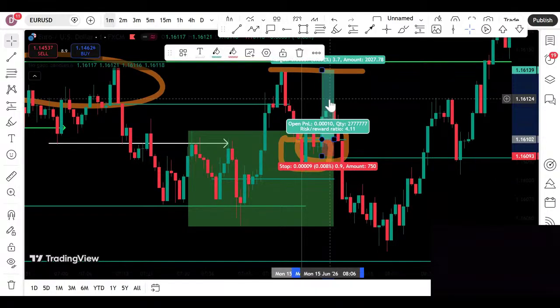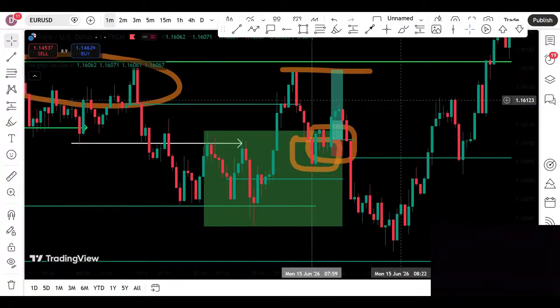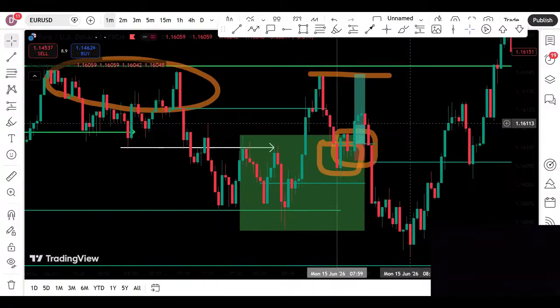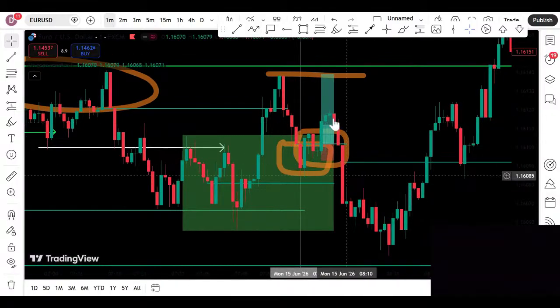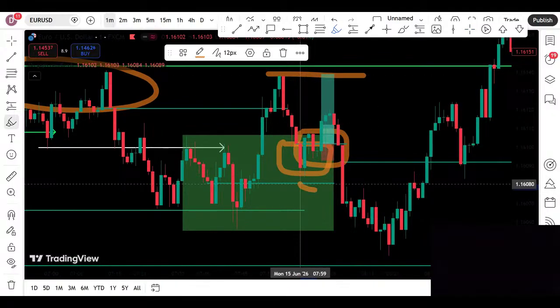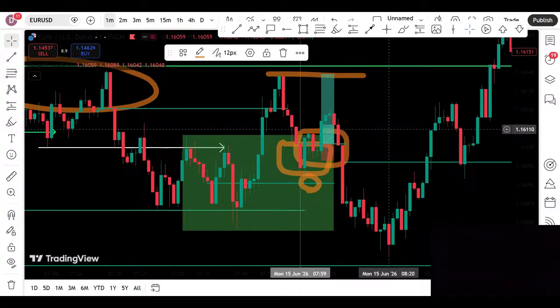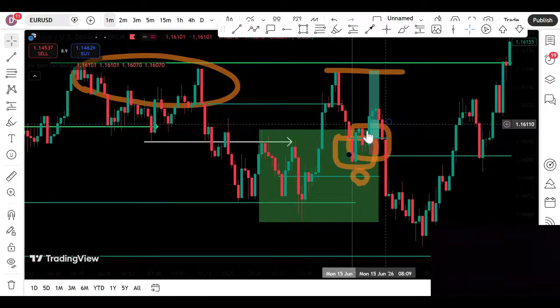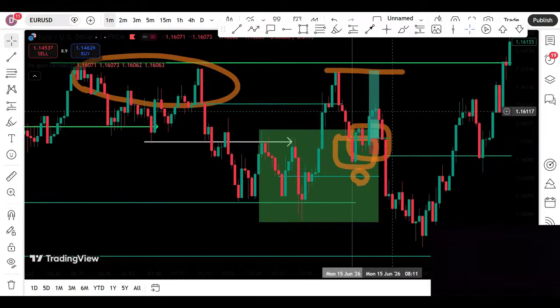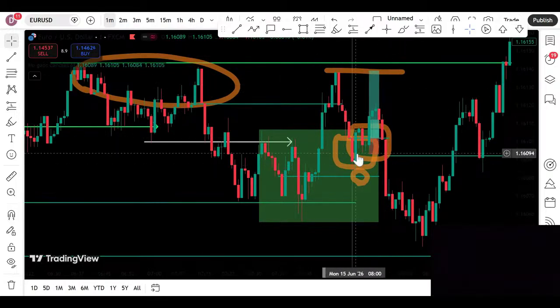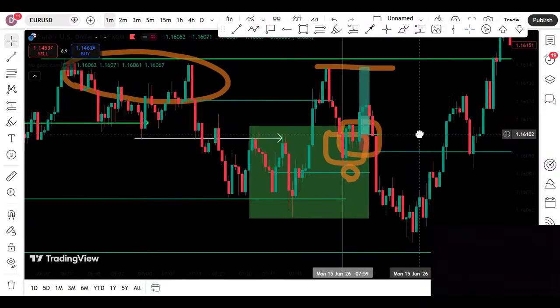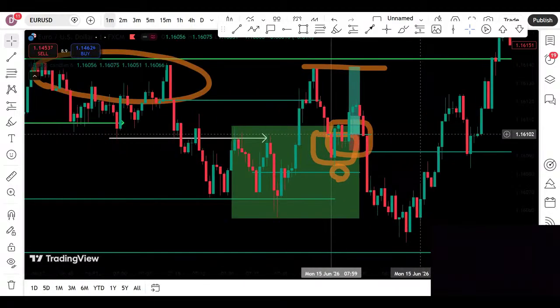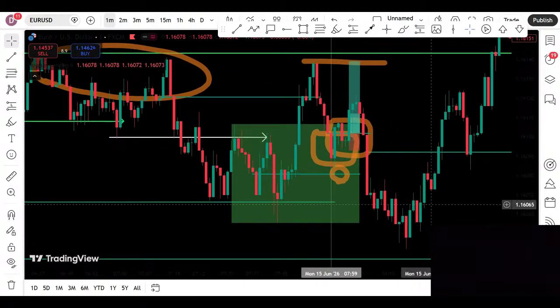So it's a 4RR. So actually we didn't tap the 50%. So you see price went high but didn't stay and we were stopped out here. So that could have been okay.